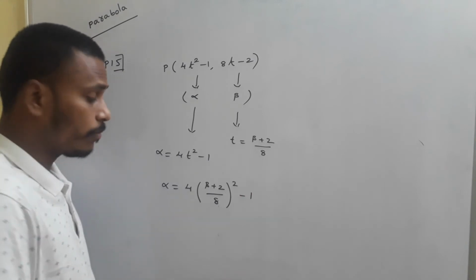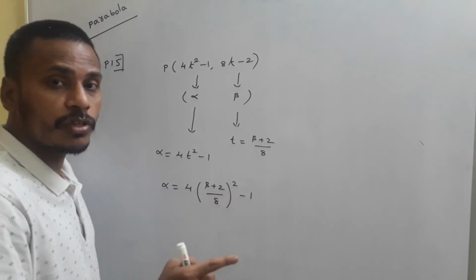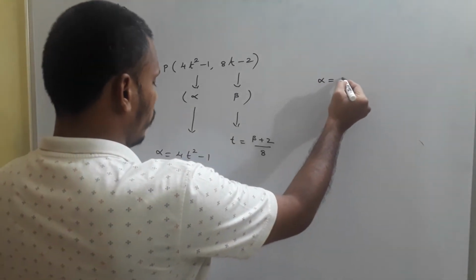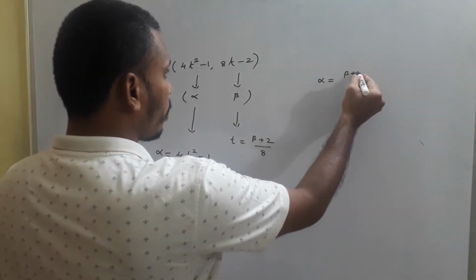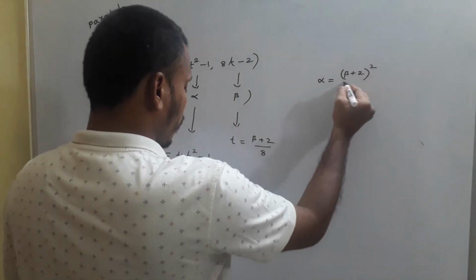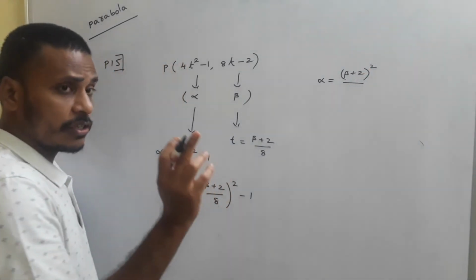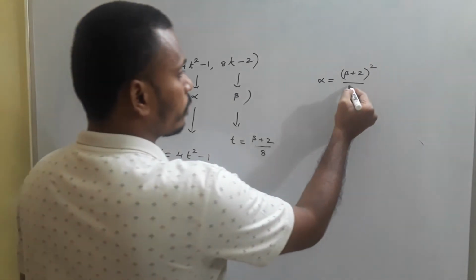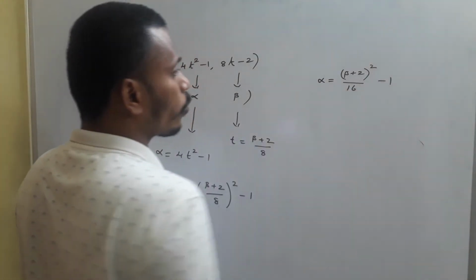Then go for further simplification. 8 square is 16, you just cancel the 4s. Then alpha is equal to (beta plus 2) whole square divided by, 8 square is 64, and 4 into 16, divided by 16, minus 1.